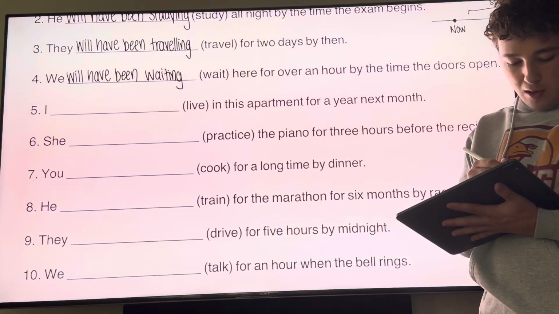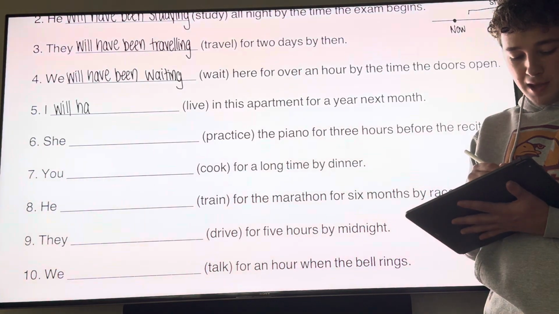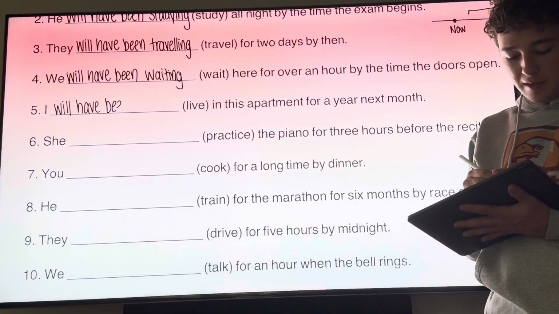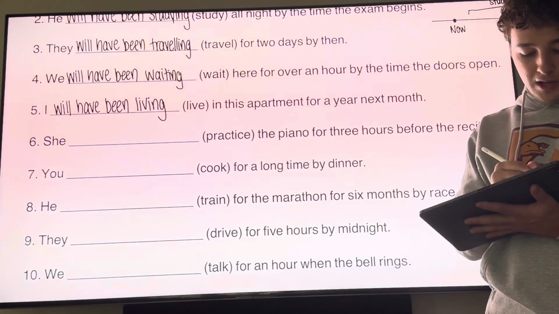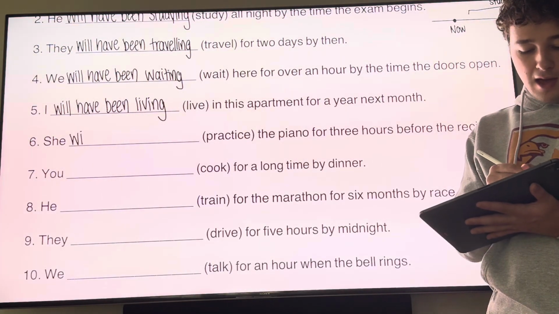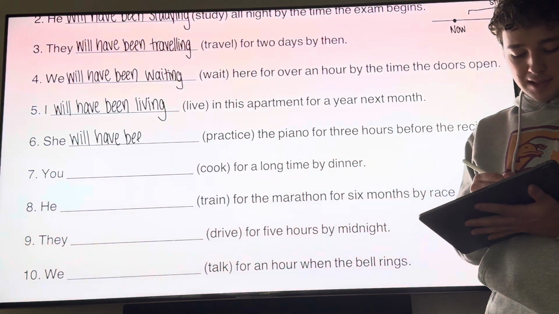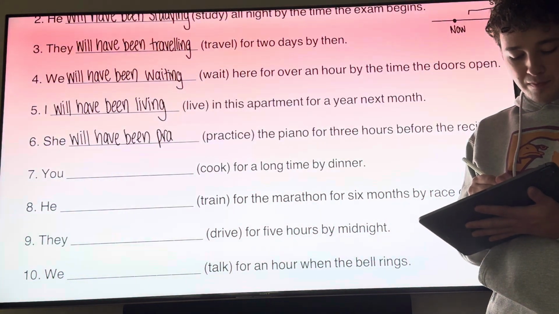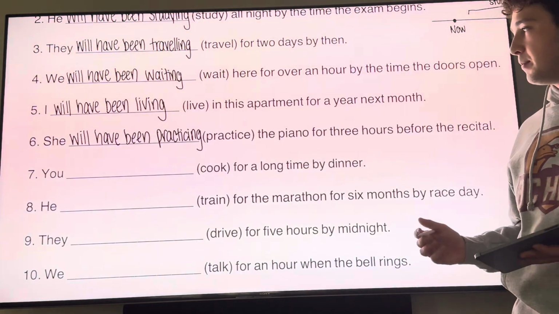5. I will have been living in this apartment for a year next month. She will have been practicing the piano for 3 hours before the recital.